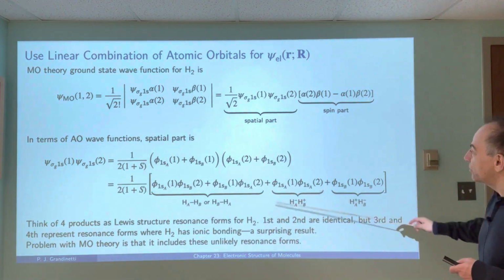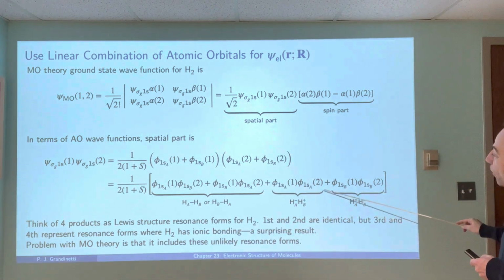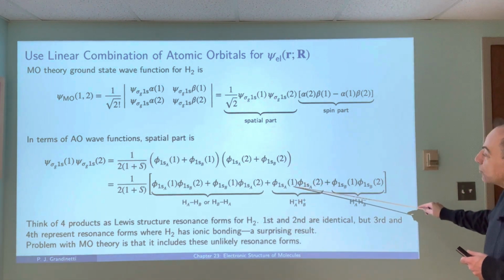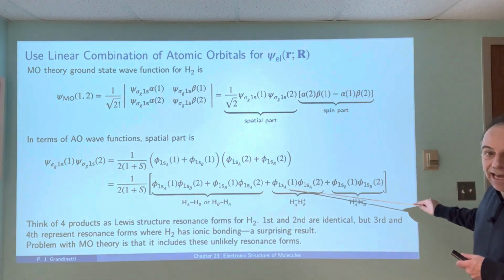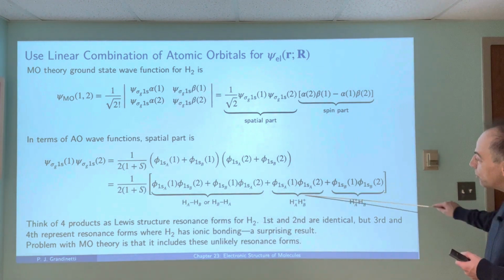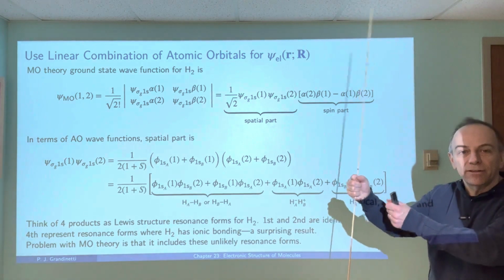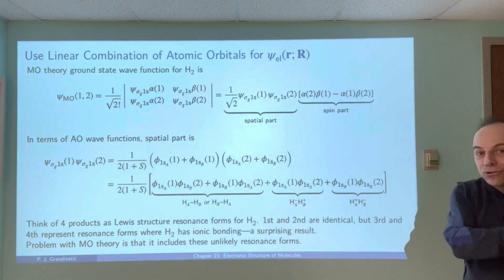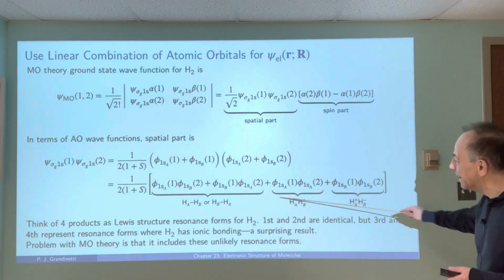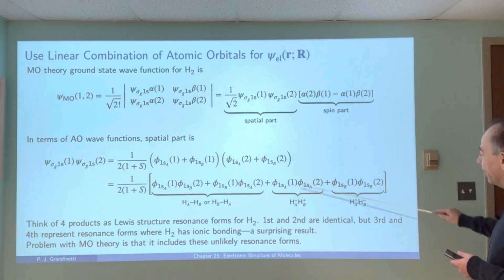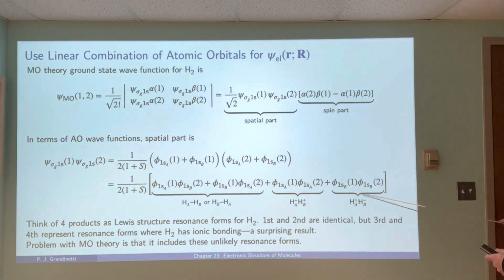In addition to those, when we do this expansion, we also get a case where we have electron 1 in the 1s on nucleus A and electron 2 in the 1s on A. So in other words, both electrons are on nucleus A, and there are no electrons on nucleus B in this particular term. In this term, we have the opposite: electron 1 on the B nucleus in the 1s orbital, and electron 2 on the B nucleus in the 1s orbital.